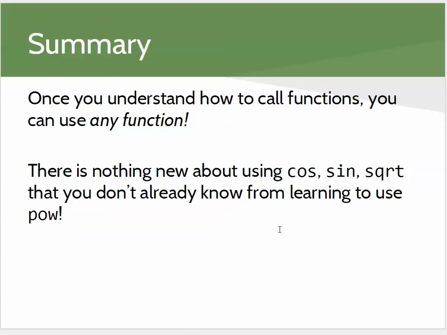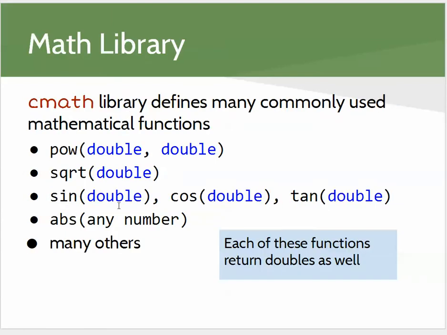That's a complicated process. Once you understand how to call a function, any function, you understand how to call all functions. It's always the same type of method. What you do need to know is, of course, how is the function actually defined? Right? So does the sine function accept degrees or radians?